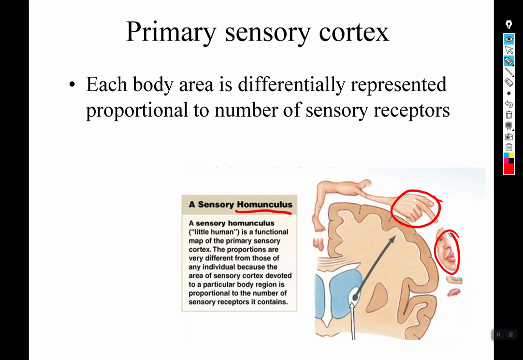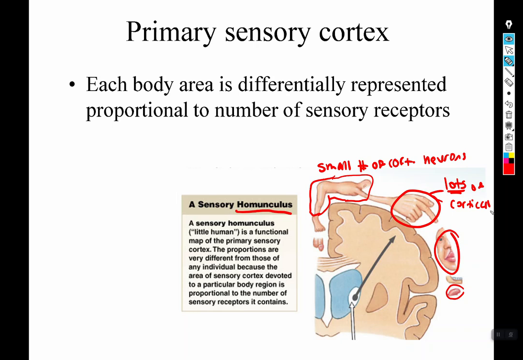So is the tongue and the jaw. The rest of the body, torso, back of the head, so not front of face, legs and butt are pretty small comparatively. So this has a smaller number of cortical neurons, and this has lots of cortical neurons.